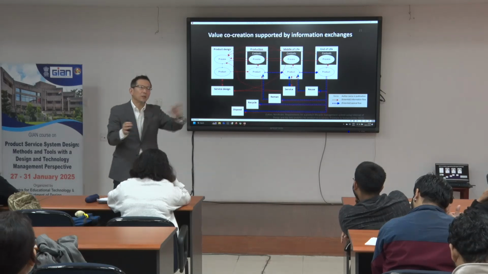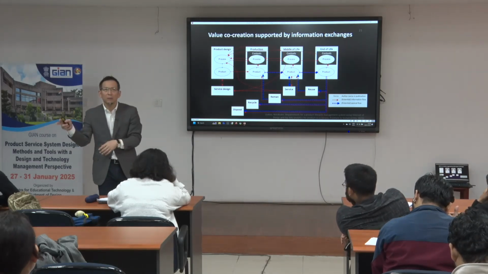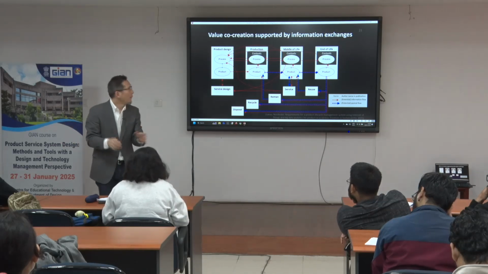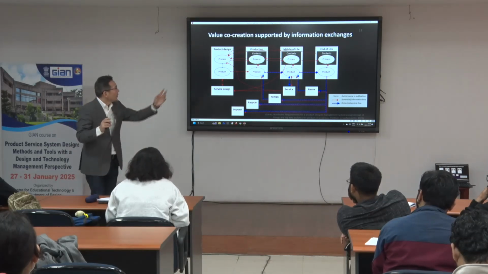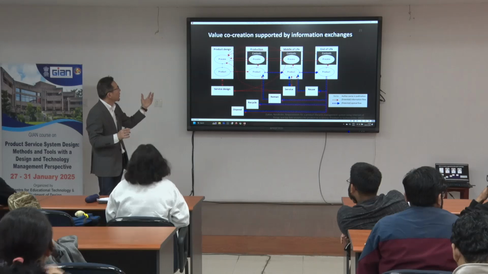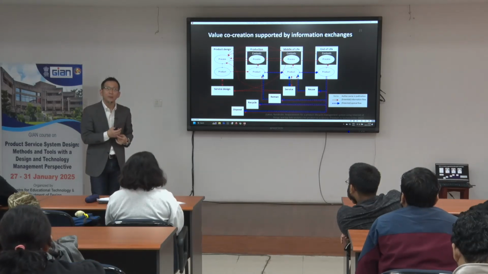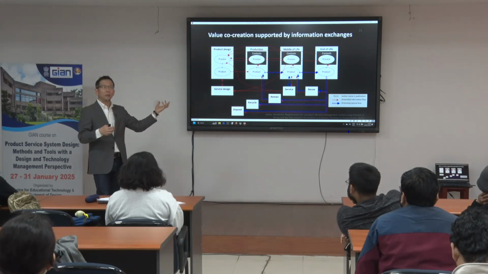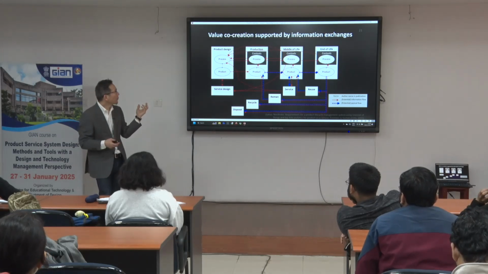If the product is used for a very long time, then that may not be useful for reuse, for example. So that means in order to make these anticipated physical flows, we need to have associated information flows as well.